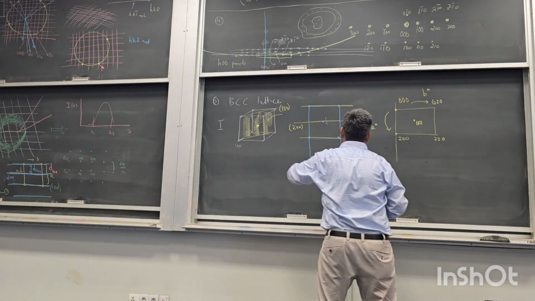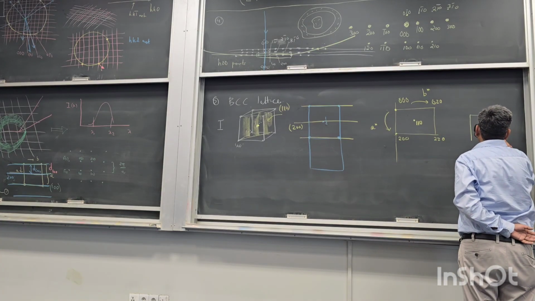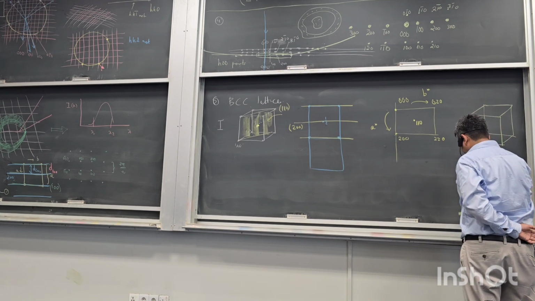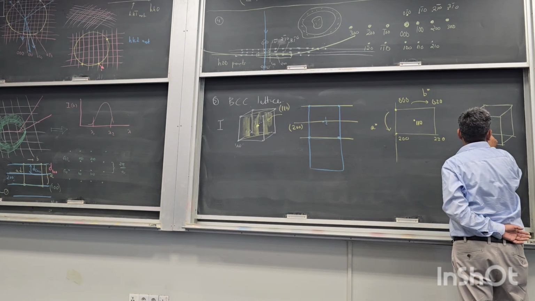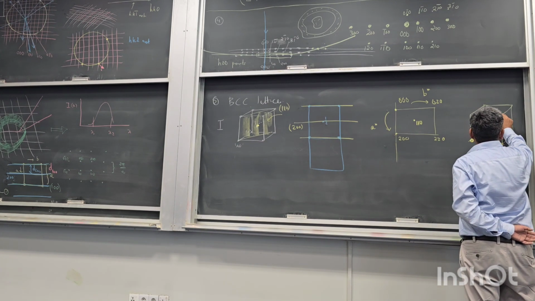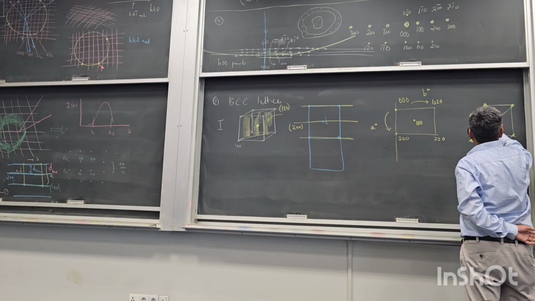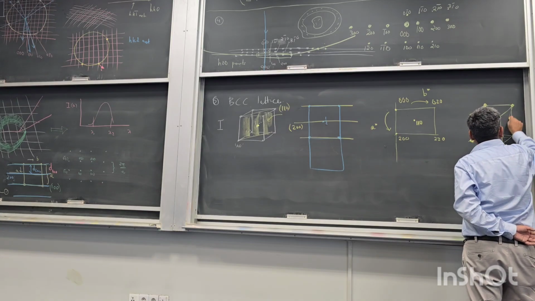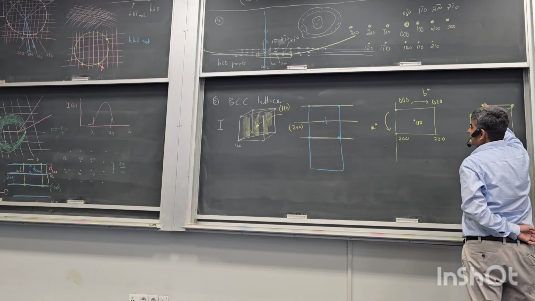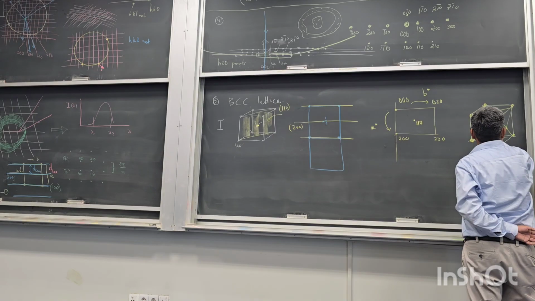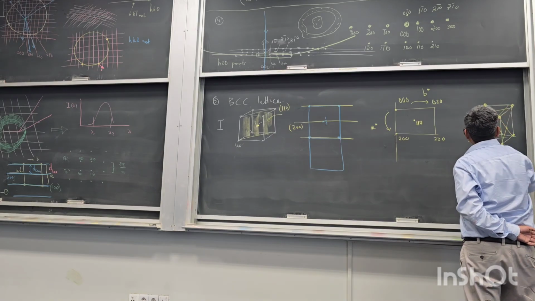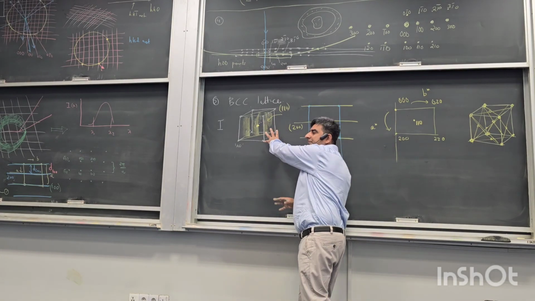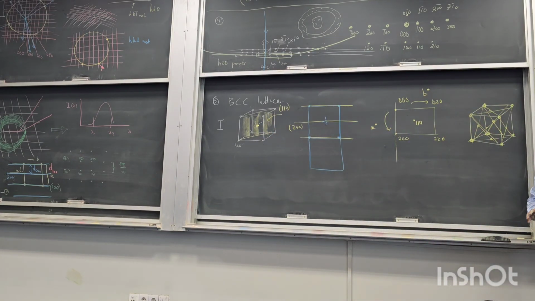So this body-centered lattice in the reciprocal space will be a face-centered cubic lattice. It's not nice to call this a lattice per se, because technically it's not a lattice, but the word lattice is just a misnomer. Okay, so a body centered lattice in the direct space gives you a face centered lattice in the reciprocal space.